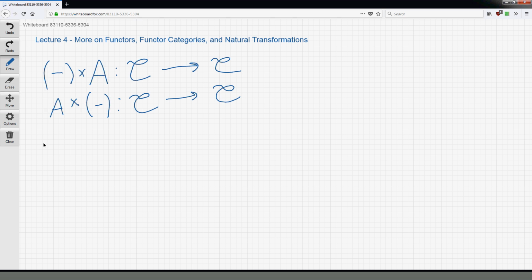So we could have a functor from the product category. I'm going to draw it out the explicit way like this. I'll just say this is equal to P for short. And this functor goes from the product of C with C to C. And this is, of course, assuming that in C we have all finite products, right?